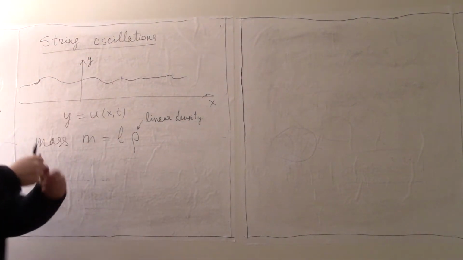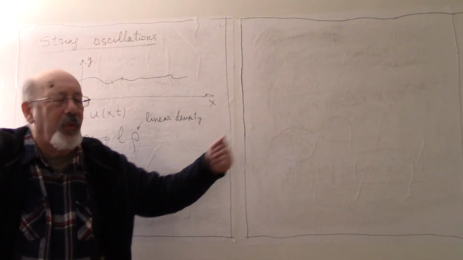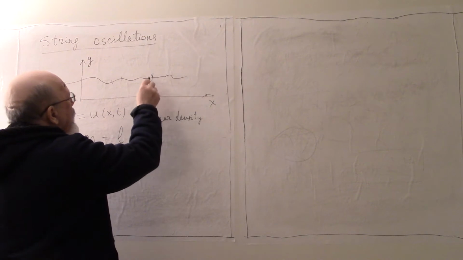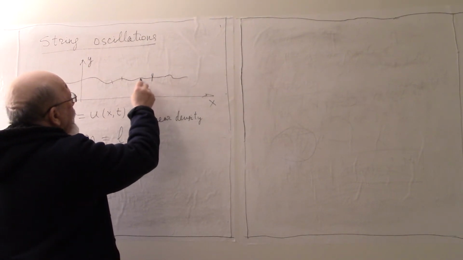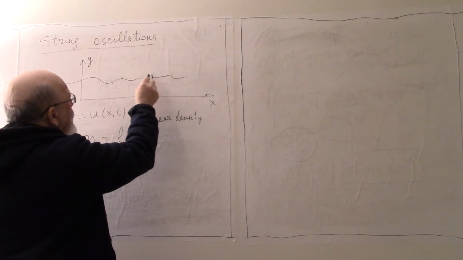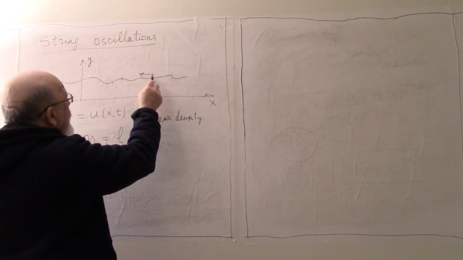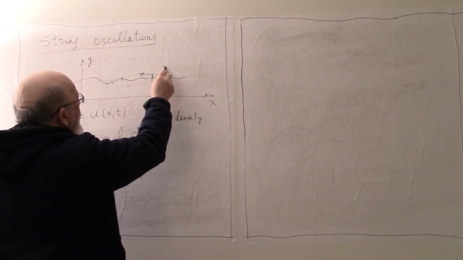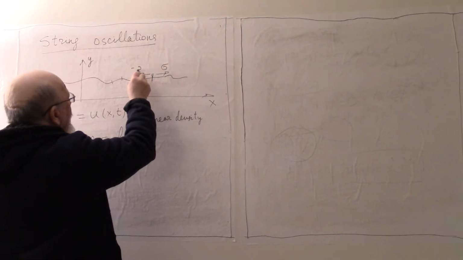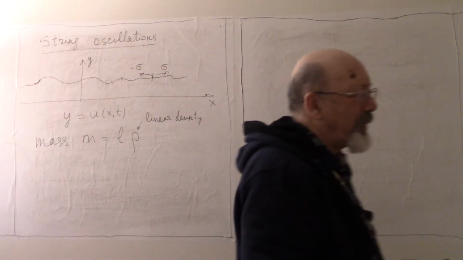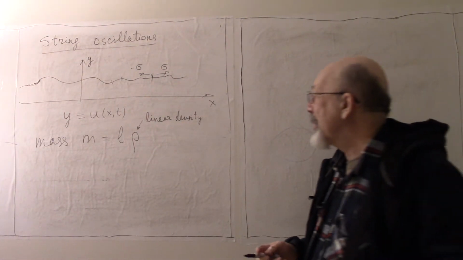Now, the string is stressed with some force. So if you take any point of the string, then the left part of the string pulls the right part with some force, and the right part pulls the left part with the same force. The force is denoted by sigma. It is measured, say, in newtons.